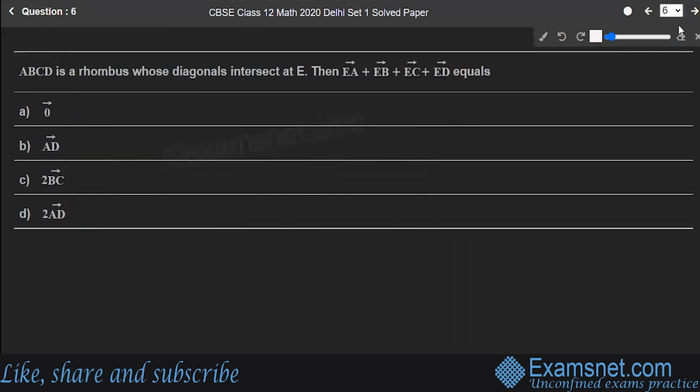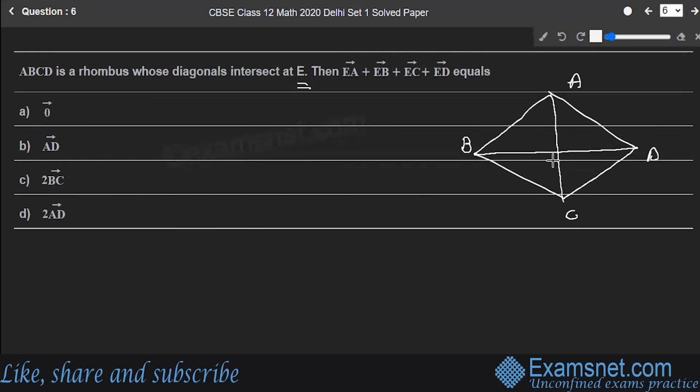Hope you got that. Next is question number 5. ABCD is a rhombus whose diagonals intersect at E. Let's make that rhombus first. So this is the rhombus A, B, C, and D. The diagonals intersect at E. Now EA, which is this vector, plus EB, plus EC, plus ED.